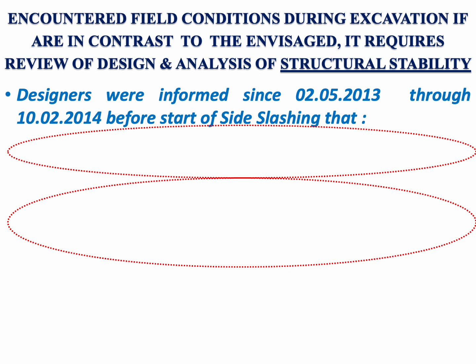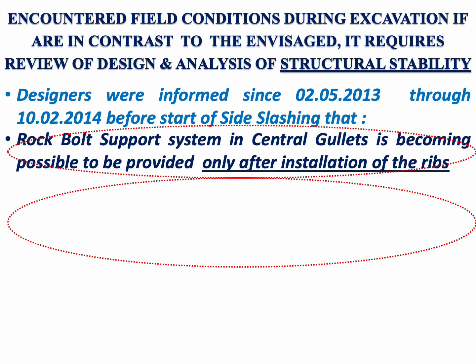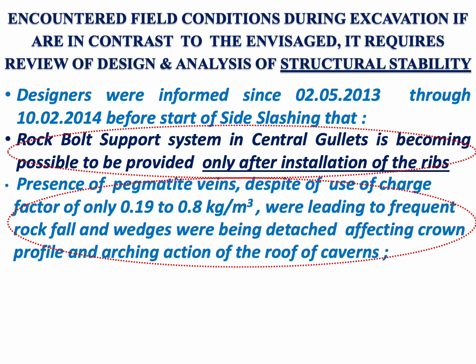Designers were informed from May 2013 through February 2014, before the start of side slashing, that a rockbolt support system in the central gullet was becoming possible to be provided only after installation of the ribs. Presence of pegmatite veins, despite use of a charge factor of only 0.19 to 0.8 kg per cubic meter, was leading to frequent rockfall and wedges being detached, affecting the crown profile and arching action of the roof of the caverns.